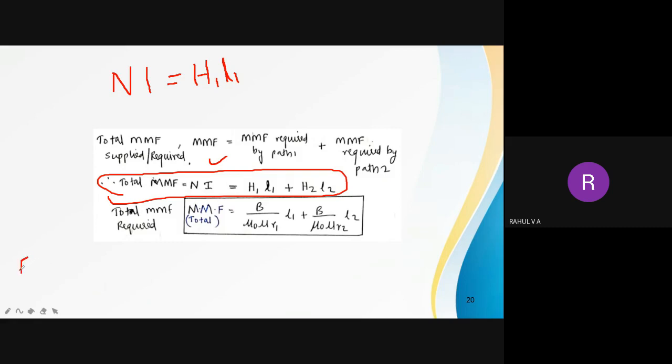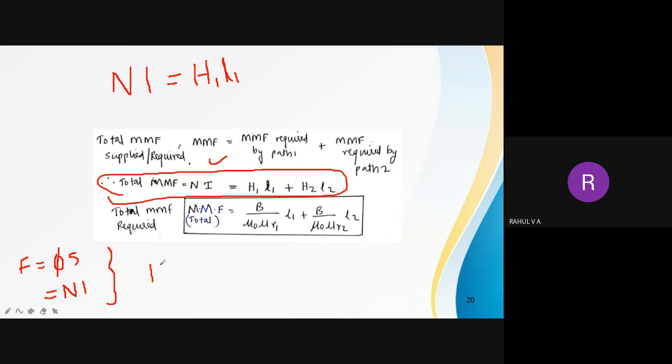One is F is equal to flux into reluctance, that is in terms of a normal magnetic circuit. In terms of an electromagnet, F is equal to N into I. And we have another formula.